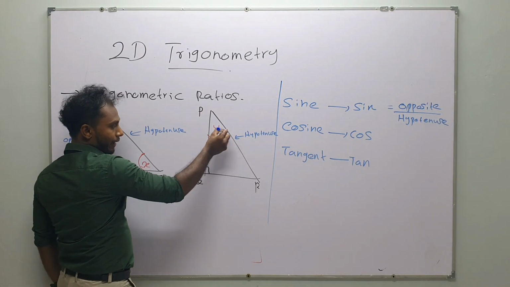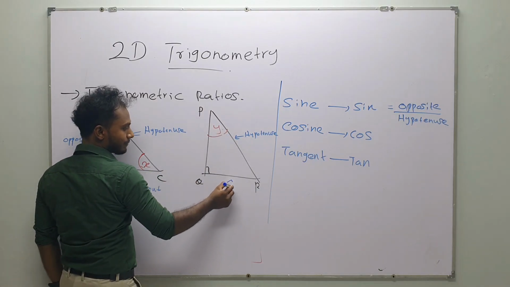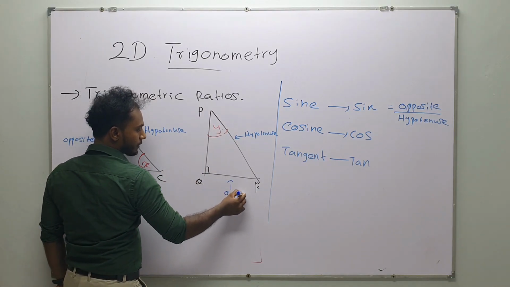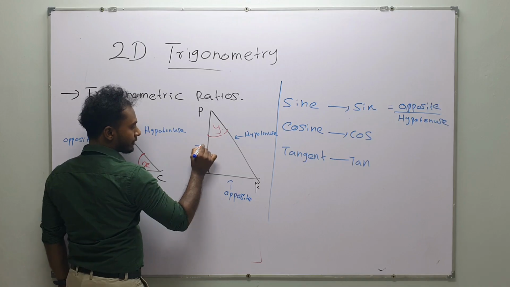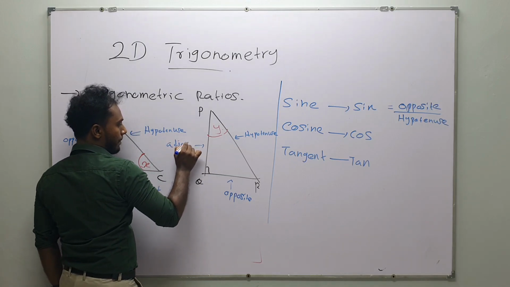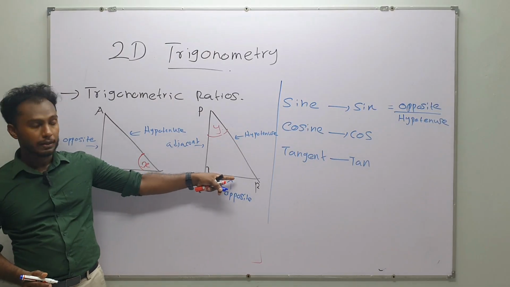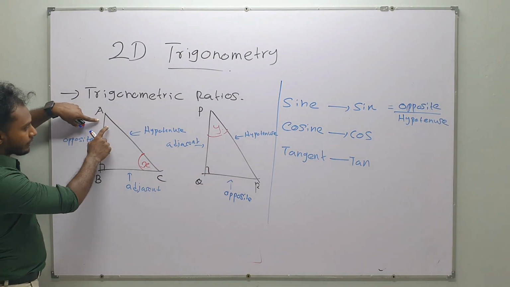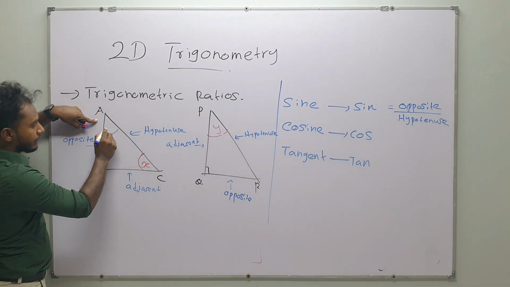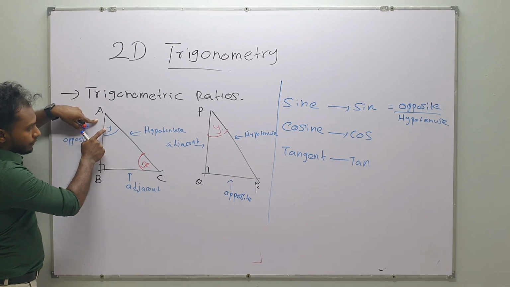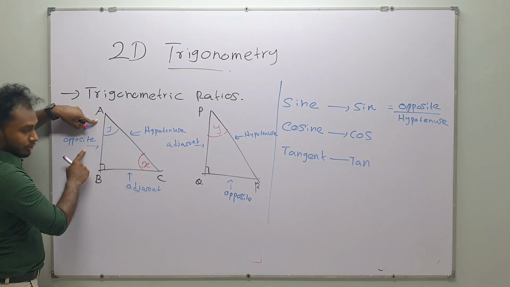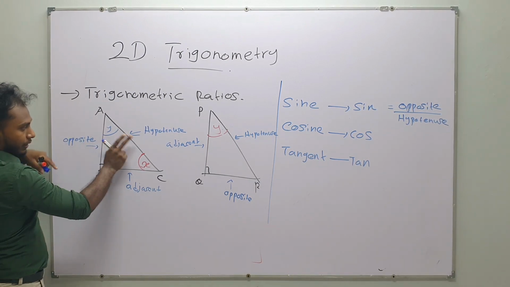Right. For this angle, this is the opposite and this is the adjacent. See, with the angle these sides change. And even in this triangle, if I consider an angle here, let me take it as y. For this y, this is the opposite and this is the adjacent. With the angle, these sides change.